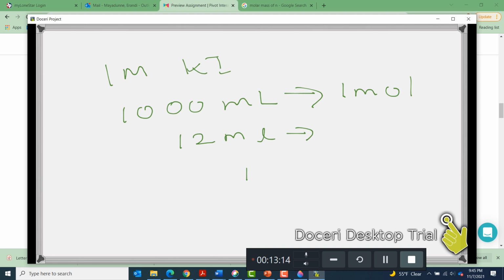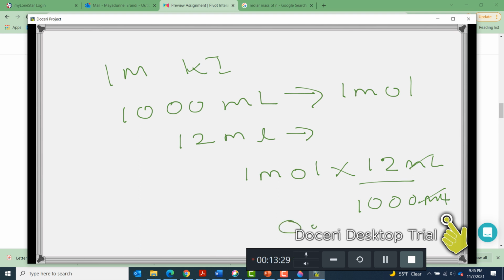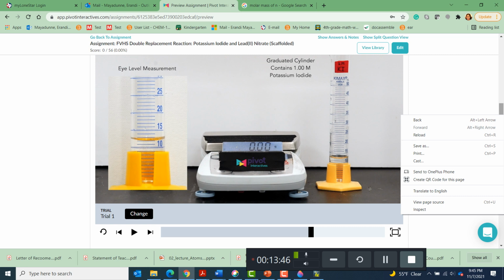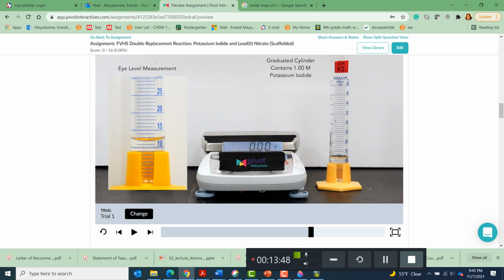So 1 mole, times 12 over 1000, milliliters cancel, and I'm getting my answer, 0.012, when you divide it. So that's my answer. I'm going back to my lecture, and that's how you find the moles of the potassium iodide.